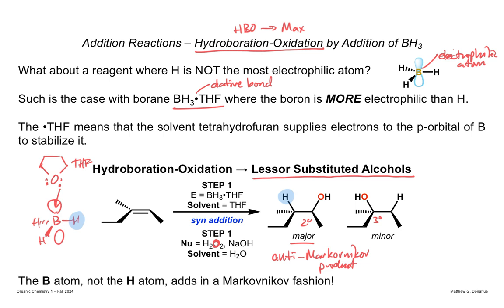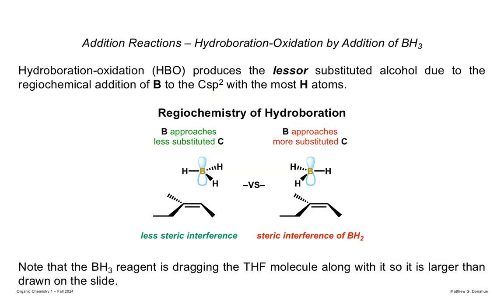But if you're solely considering boron as being more electrophilic, it still obeys Markovnikov's rule. So the reason you get the less substituted alcohol is how the borane reagent approaches the alkene.